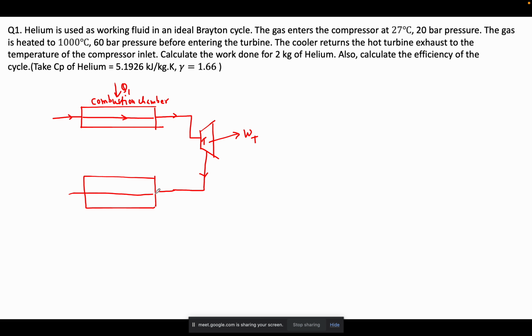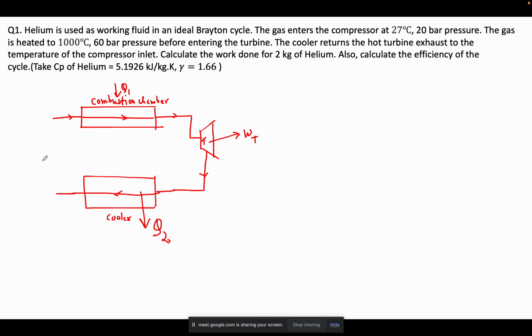So basically it will pass through this cooler. As it is passing through this cooler, it will be releasing some amount of heat Q2. Okay, and then since this expansion takes place, in expanding the pressure drops, so you have to bring it back to the original pressure level.